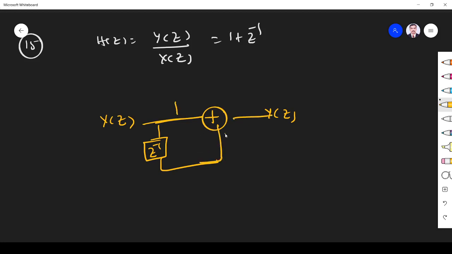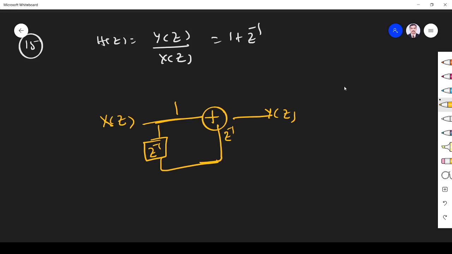Here 1 comes, z inverse will come, 1 plus z inverse. So this is the simple thing. With one problem, this is what we learned in signals and systems with respect to discrete time systems. The same logic we can apply for continuous time systems also.